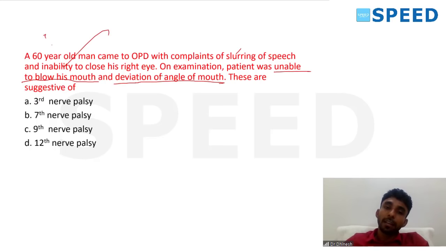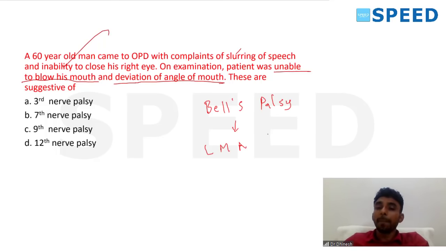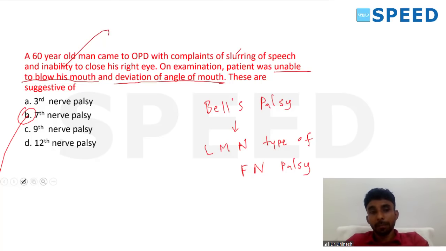Okay, so what is the answer? Yes, all these clinical features are suggestive of Bell's palsy. Bell's palsy is a lower motor neuron, LMN, type of facial nerve palsy, isn't it? Seventh cranial nerve palsy. So the answer is facial nerve palsy, seventh nerve palsy. Okay, fine.